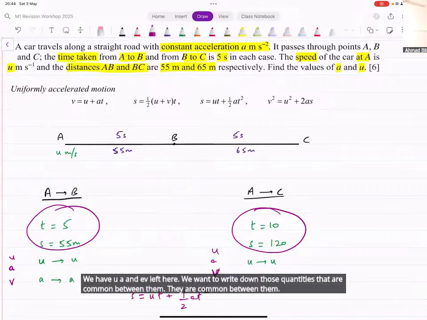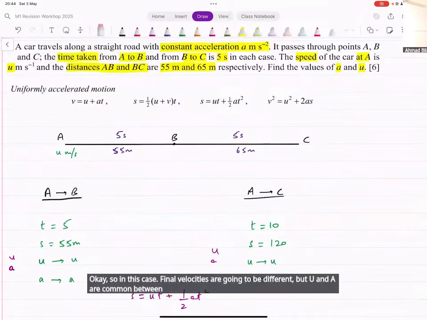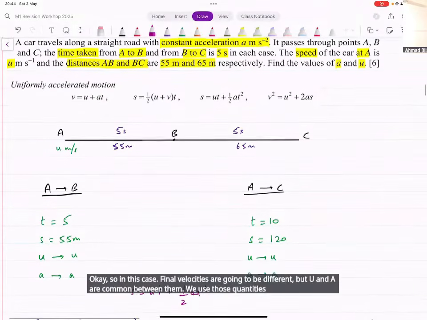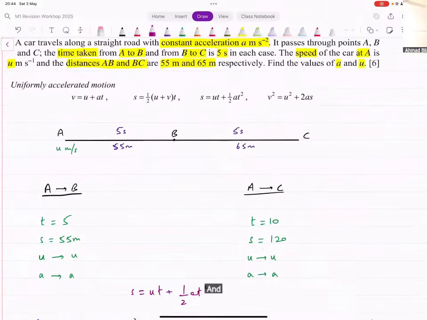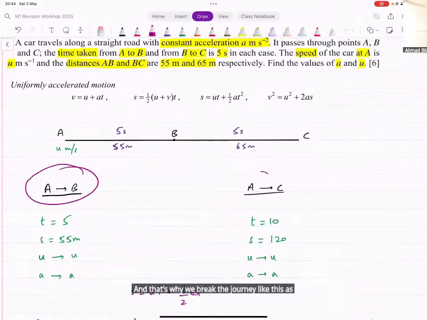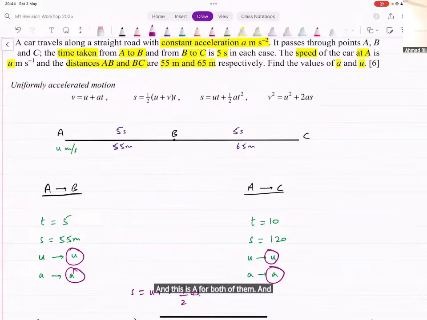So in this case, final velocities are going to be different, but u and a are common between them. We use those quantities, u and a, because that's going to reduce the number of unknowns that we have. And that's why we break the journey like this as well. We go from A to B and then from A to C, because that makes sure that the initial velocity value is u for both of them, and this is a for both of them, and we avoid having too many unknowns.